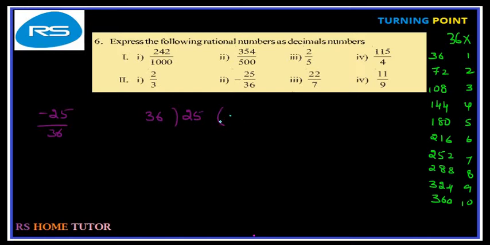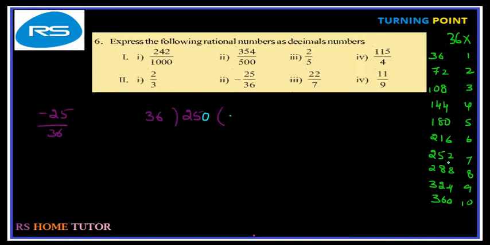If I take the decimal point, I can keep 0. How many times will it go? Here on the right hand side, I already wrote the table of 36. To avoid taking much time, just write down the 36 table. It will help you to divide easily.